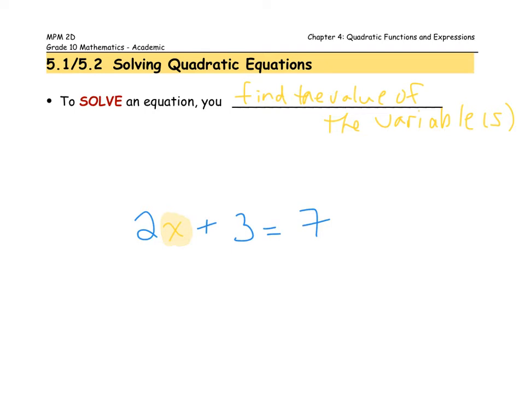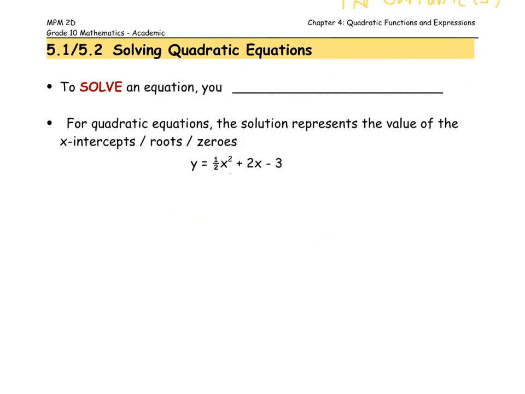And so today what we're going to talk about is how to solve quadratic equations, and also what it means and what we've found when we've solved for the variable in a quadratic equation. So it turns out that when you actually solve for the variable in a quadratic equation, that solution represents the x-intercepts, or as we've been calling them, the roots.